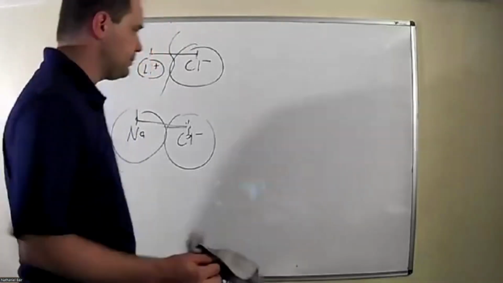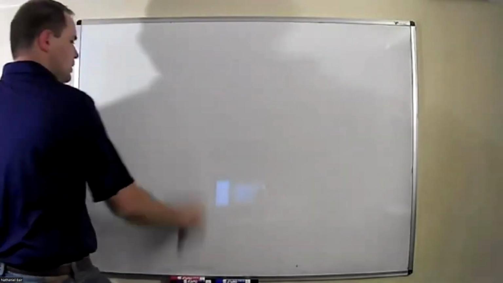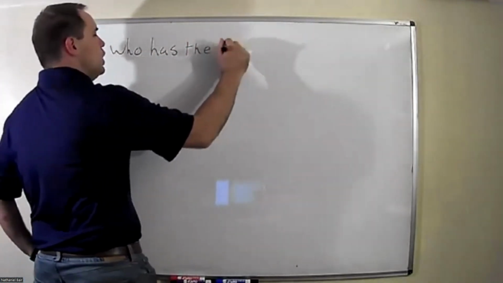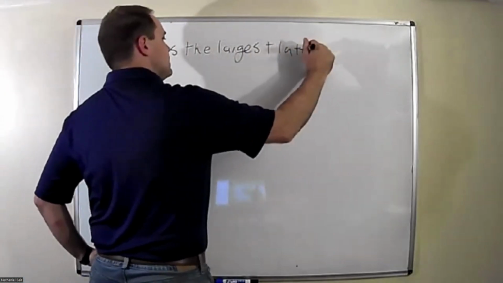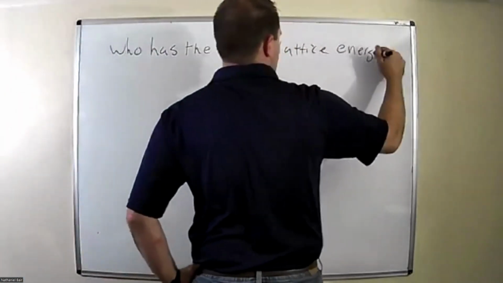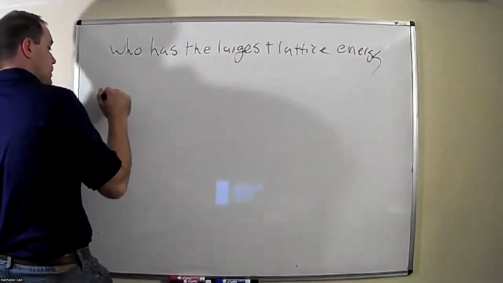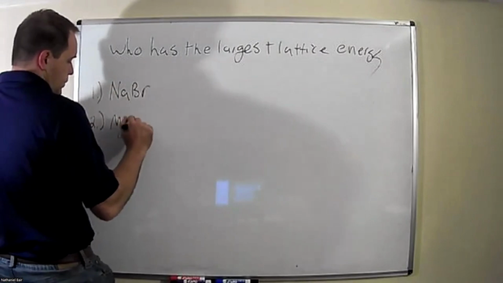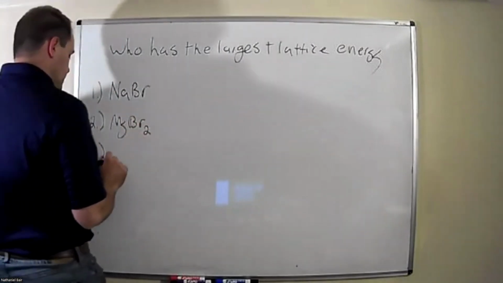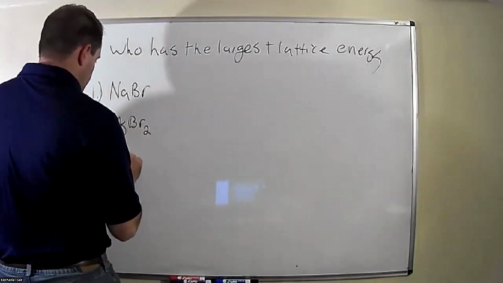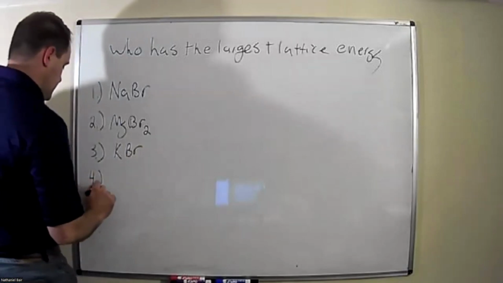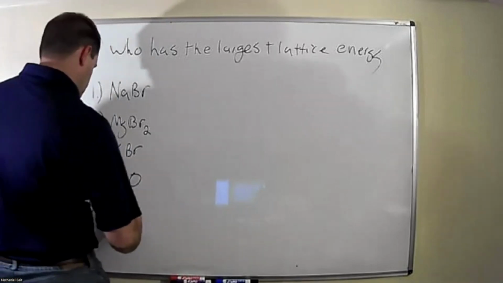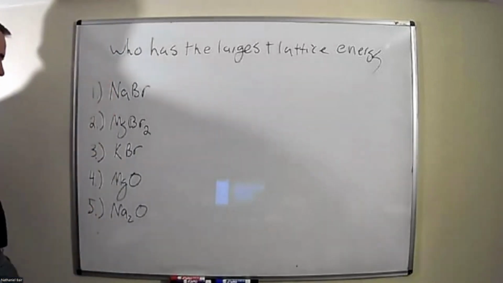For example, let's compare these: sodium bromide, magnesium bromide, potassium bromide, magnesium oxide, and sodium oxide. Take a look at those five.